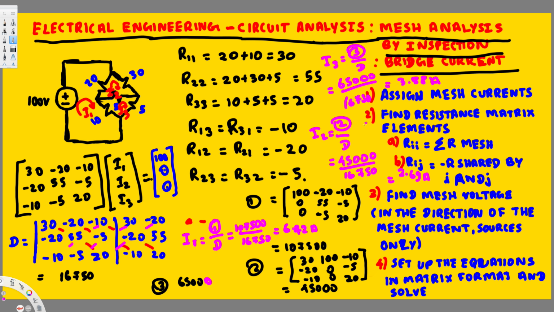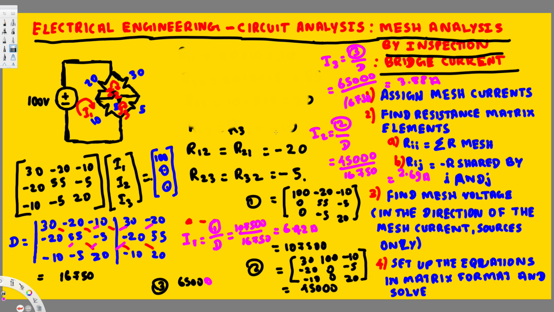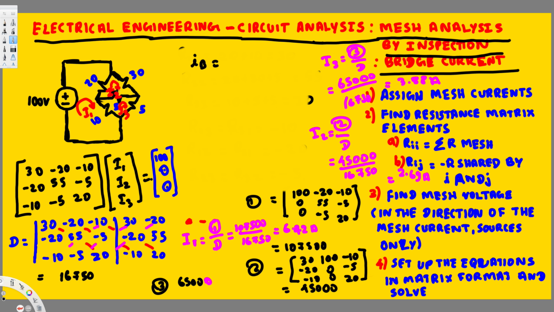So now we have all the mesh currents. In case you want to find a branch current, let's say you want to find the current going through this middle part, this bridge. Let's call it IB.